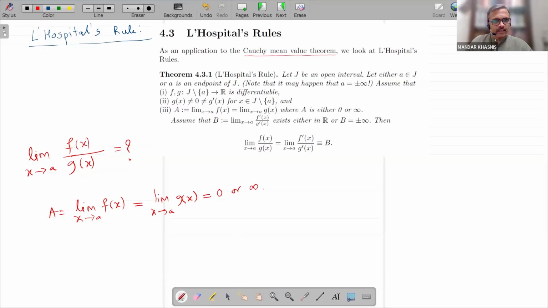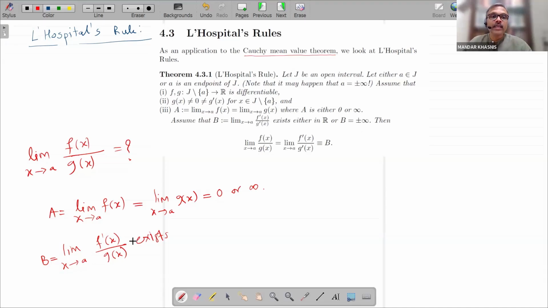now look at another limit, limit as x goes to a of f dash x upon g dash x. We denote it by b. Now, if we know that this b exists in R, or b is plus minus infinity, so it can even be plus minus infinity. It has a meaning. I hope you know what you mean by limit is infinity.